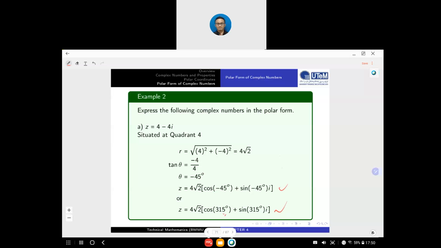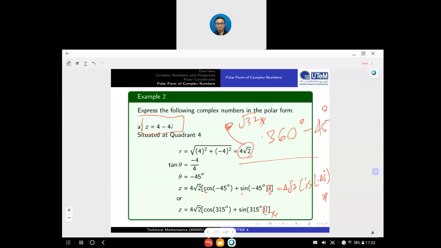So we know that the rectangular form is in terms of a and b, but the polar form is in terms of r and theta. So you need to find what is r and what is theta. r is represented by the radial coordinate, theta by the angular coordinate.